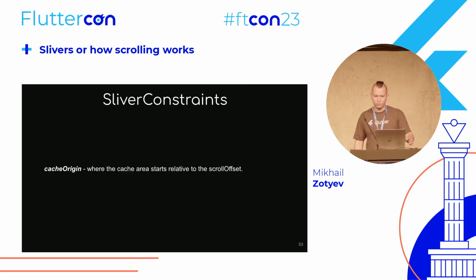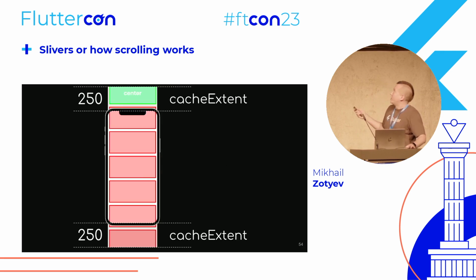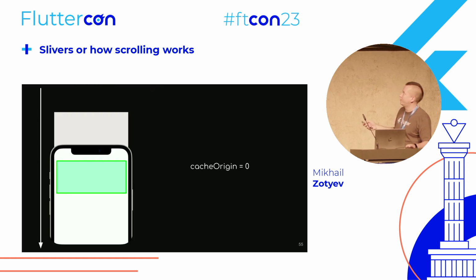And one more property about the cache, it's cache origin, where the cache area starts relative to scroll offset. We know that we have this caching area, and for this property it's not important that we have this cache area. So before we go again to the leading cache area, it's still 0.